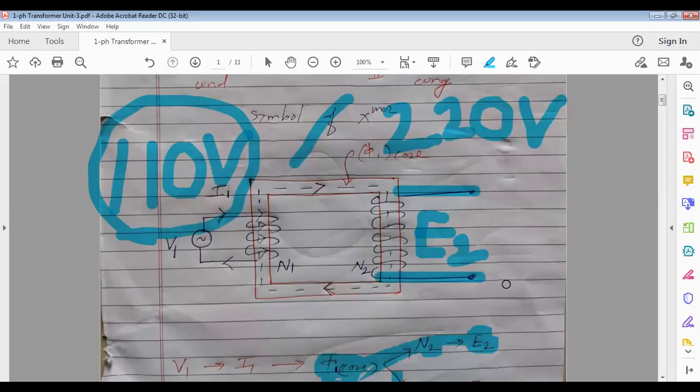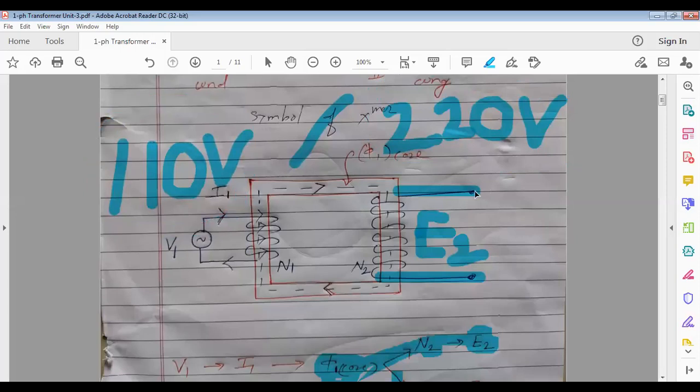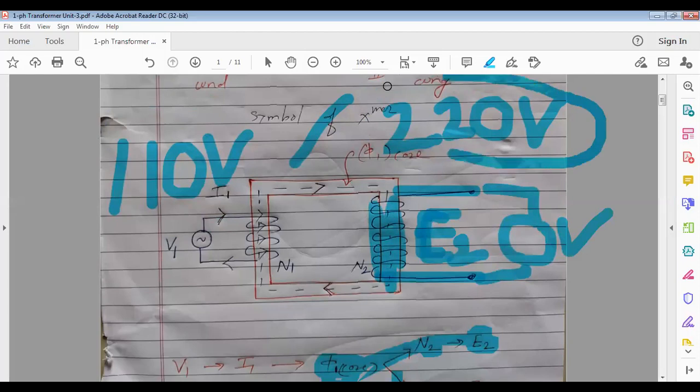So consider no load is connected on secondary and still voltage gets induced in this winding. If you connect one voltmeter across secondary, it will give you some reading and that will be equal to E2, no load voltage. Consider here it is 220 volt.